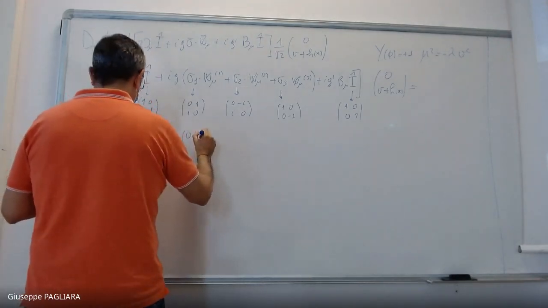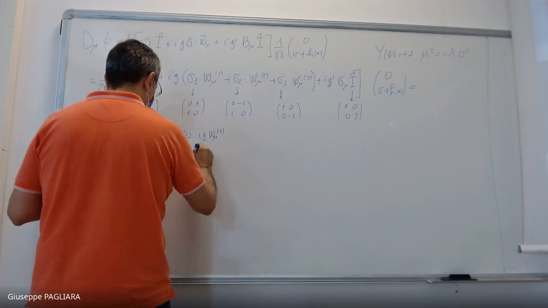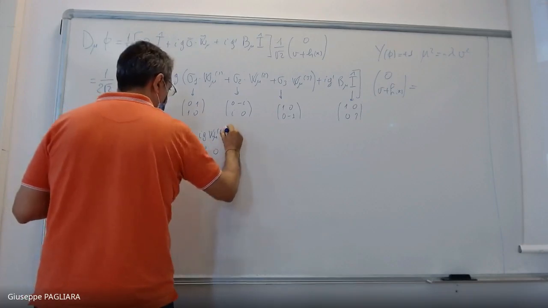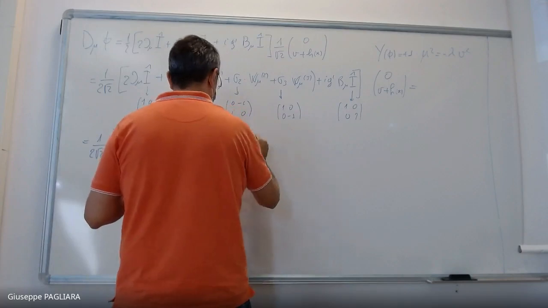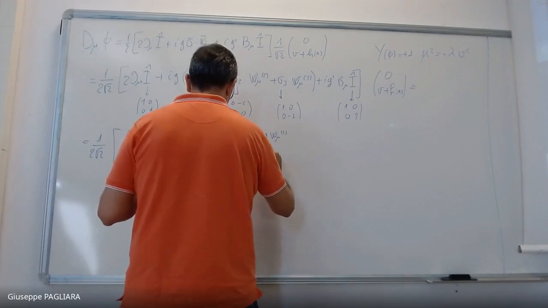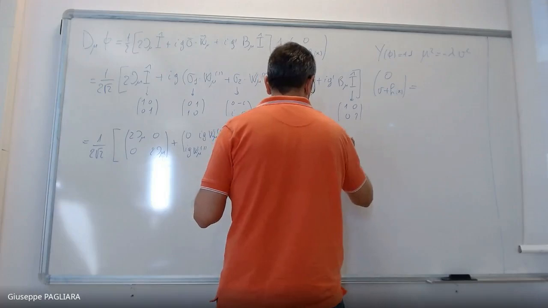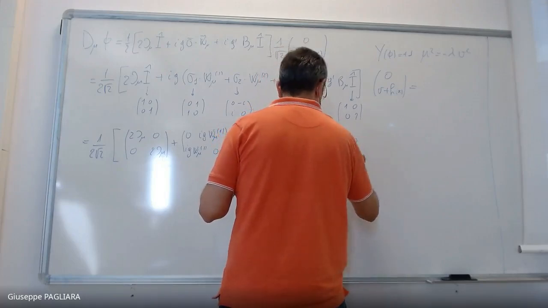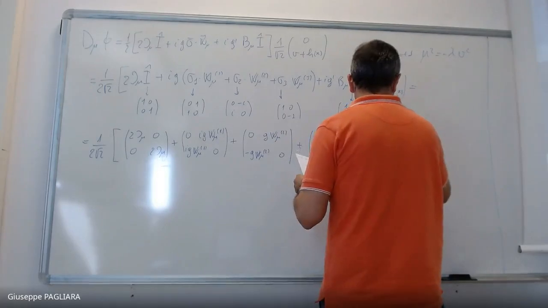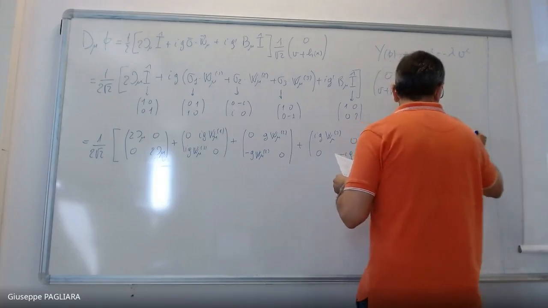So this is 0, i g W mu 1, i g W mu 1 and 0, and this is the second, plus 0, g W mu 2, minus g W mu 2 and 0, plus i g W mu 3, 0, 0, minus i g W mu 3, plus i g prime B mu, 0, 0, i g prime B mu, acting on the Higgs field, the vacuum.